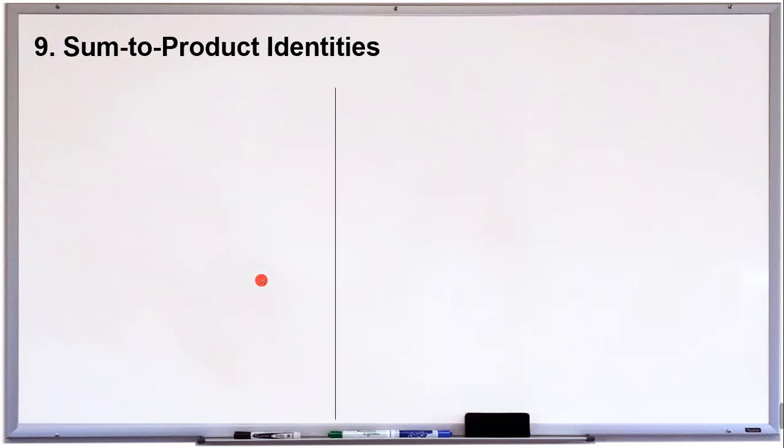Now let's proceed to the sum to product identities. The sum to product identities are derived using the result from the product to sum identities. From the product to sum identities, we are going to let another angle represent alpha plus beta and alpha minus beta, because we see lots of expressions that involve alpha plus beta and alpha minus beta.